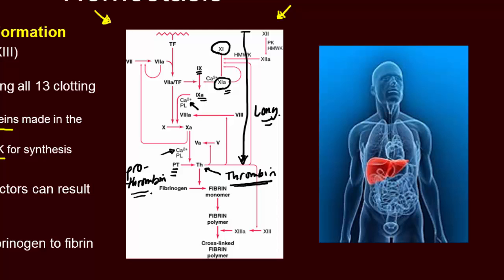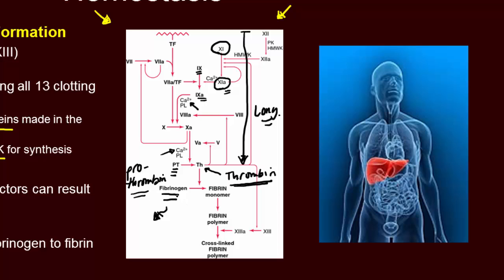Once we activate prothrombin into thrombin, we use thrombin to activate fibrinogen. Remember that fibrinogen is one of the important plasma proteins that flows through our blood. It's made in the liver, and it's important in this clotting process.